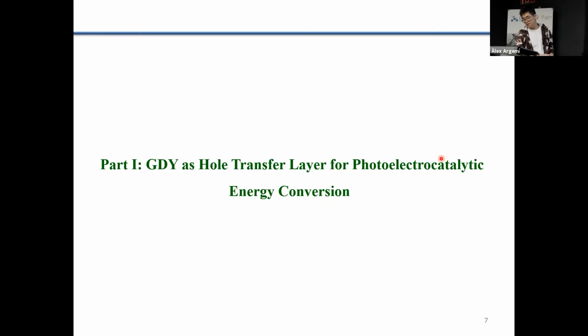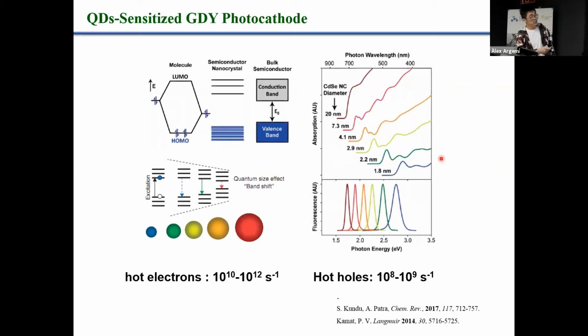My first part is graphdiyne as a hole transfer layer for photoelectrocatalytic energy conversion. In this work, we use quantum dots as a photosensitizer, and we know quantum dots have very good properties for photocatalysis, but the electron transfer rate is much larger than the hole transfer rate.